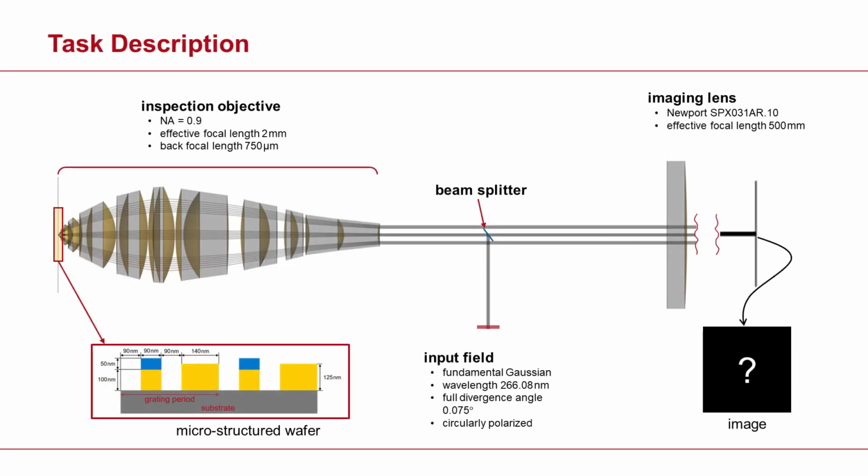The first example that we're going to be talking about today provides a perfect platform to discuss this and acts as a perfect illustration for this. We're going to have a system that combines free space propagation, traditional, typical lenses, and a microstructured, nanostructured wafer.